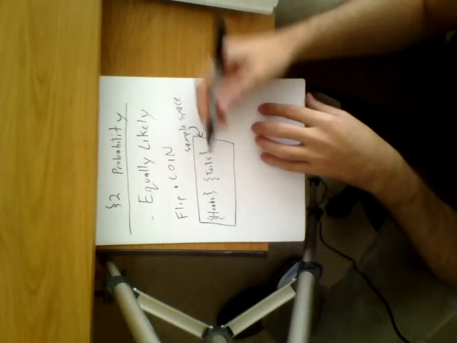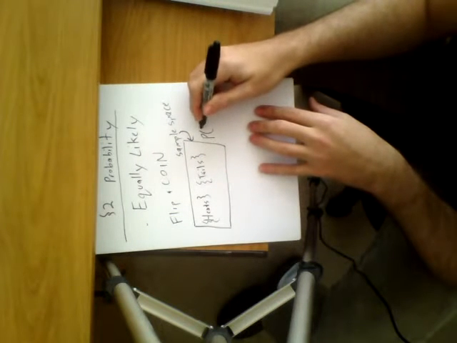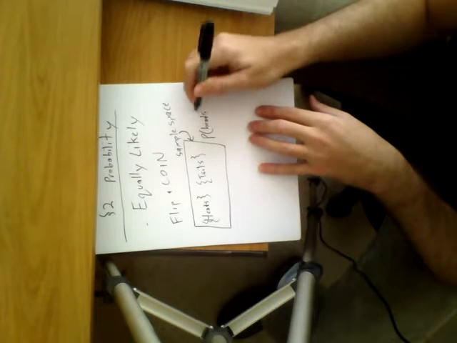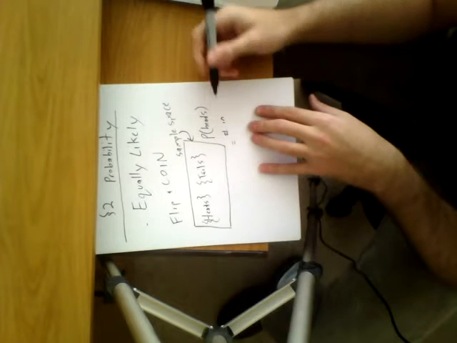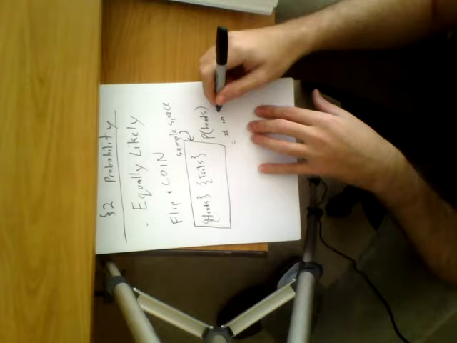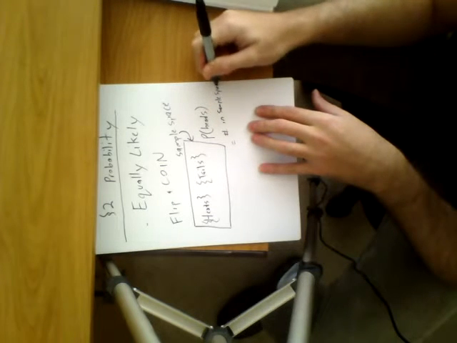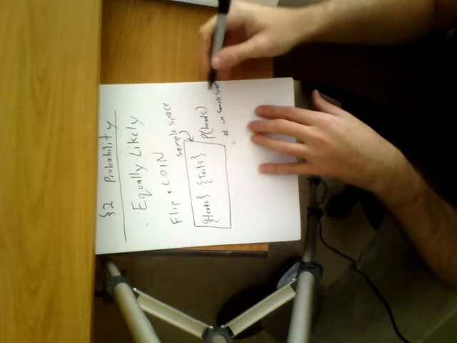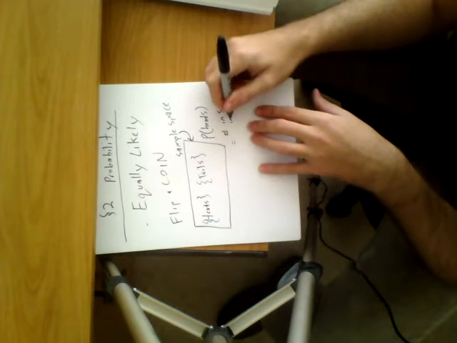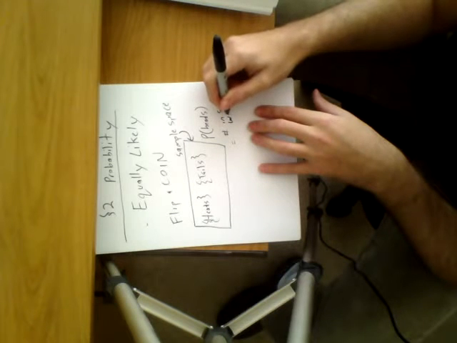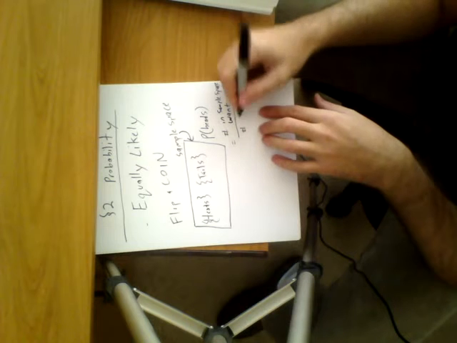Okay, so using that, we want to know what is the probability of flipping a heads. It's just the number in the sample space that we're interested in, over the total number in the sample space.